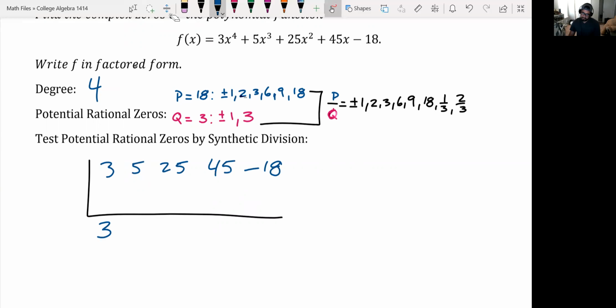First number comes down, and should we try 1? Let's see. If I try 1, you'll get 3, 8, 33. That's going to be too big. So 1's not going to work.